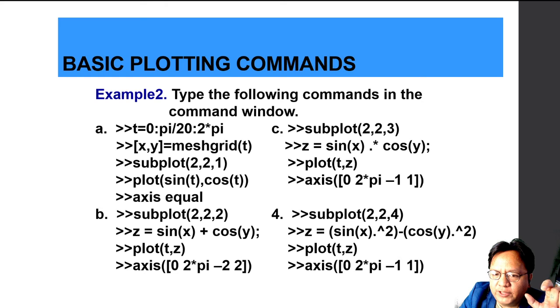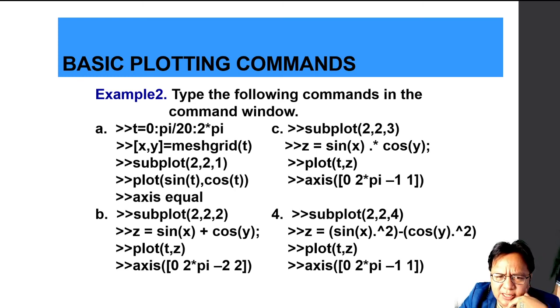Now we are going to plot this in a three-dimensional plot. So your x and y should be ranging from 0 to 2 pi. So x and y would be a mesh of 0 to 2 pi. So you have your x and y's, and then you have subplot 2 to 1. Now we plot sine t and cosine t.